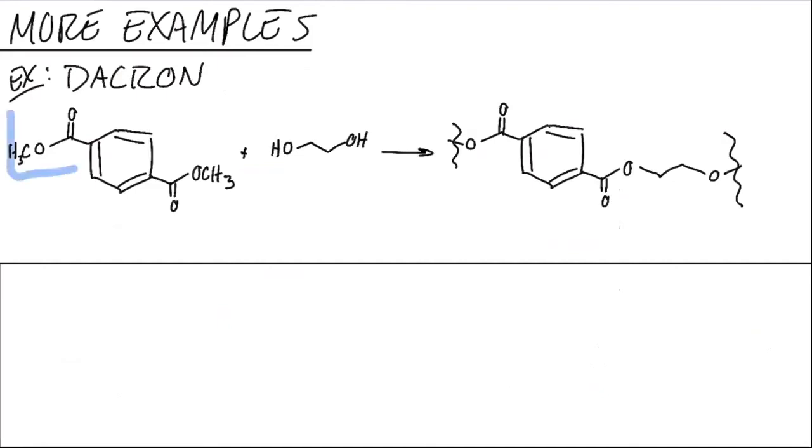We have this piece here with the C double bond O, and then that's bonded to an oxygen by a single bond, and then there's some carbons here. So same thing on this side. So those are our blue pieces, and then there's something that connects them in the middle, like so. And then we've got this other smaller piece here, just a 2 carbon with 2 oxygens on it. That's actually ethylene glycol, which is in antifreeze.